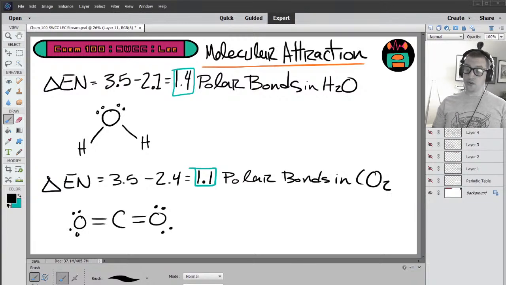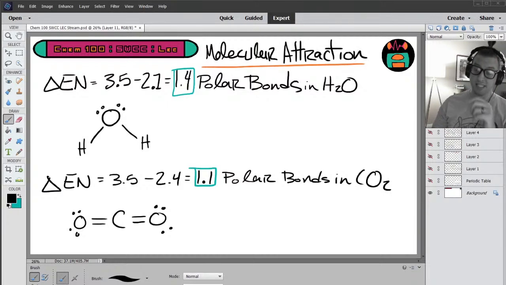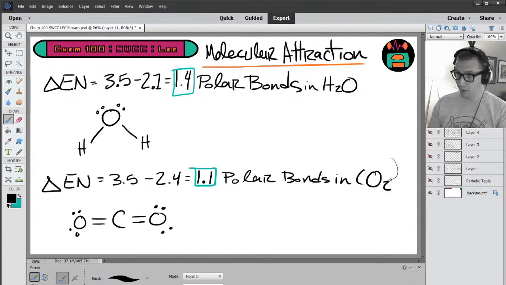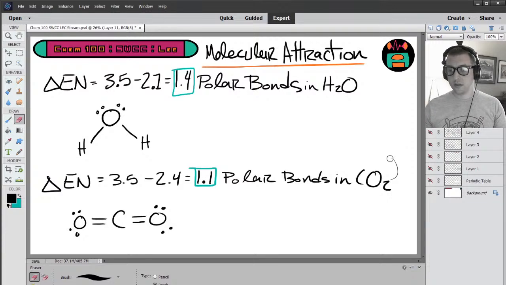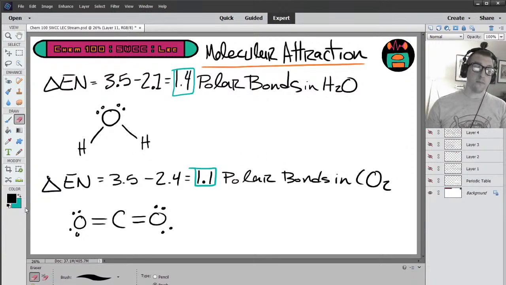Same thing with the CO2. You only look at the electronegativity of one atom minus the electronegativity of one other because you're looking at an individual bond. Hopefully that makes sense. Both of these bonds in both of these molecules are polar.